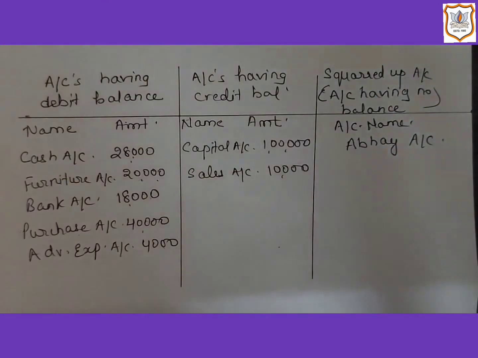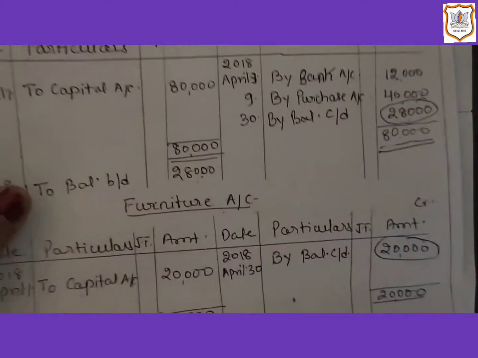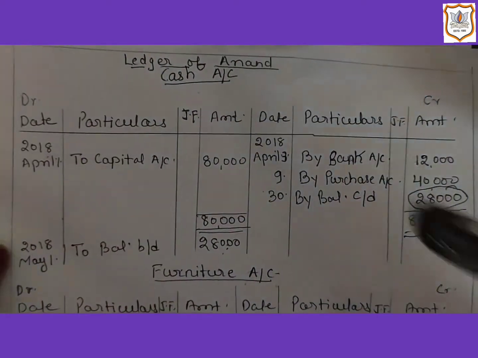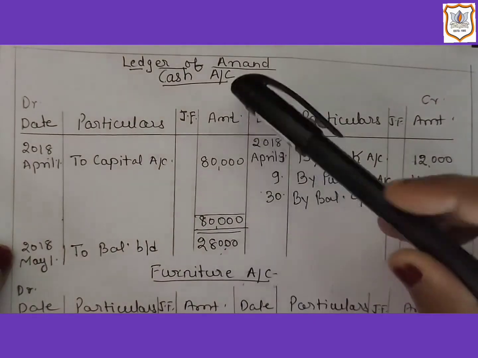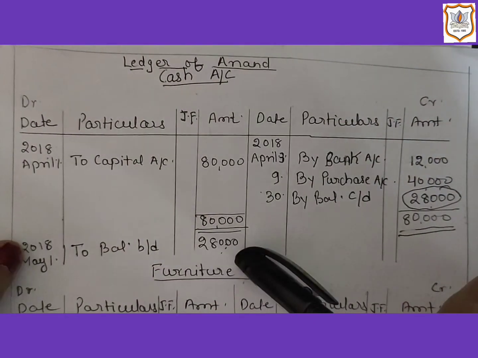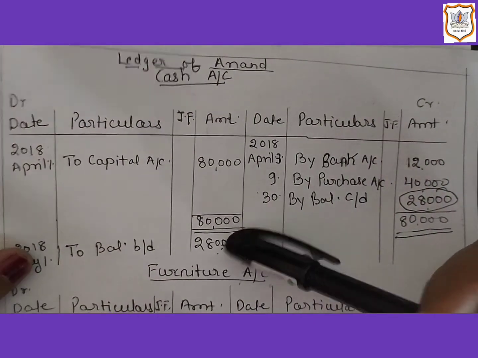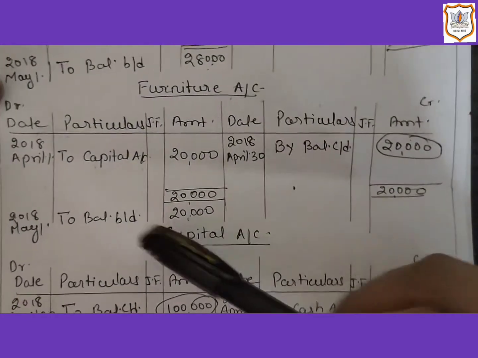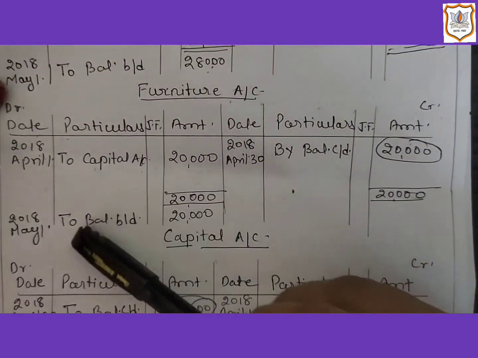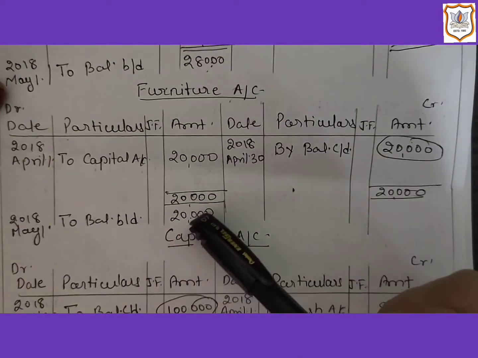Now let us see which account has a debit balance and which account has a credit balance. Here from the ledger you can see that the cash account has a debit balance, that is 28,000. Then the furniture account has a debit balance here, to balance brought down, that is 20,000.